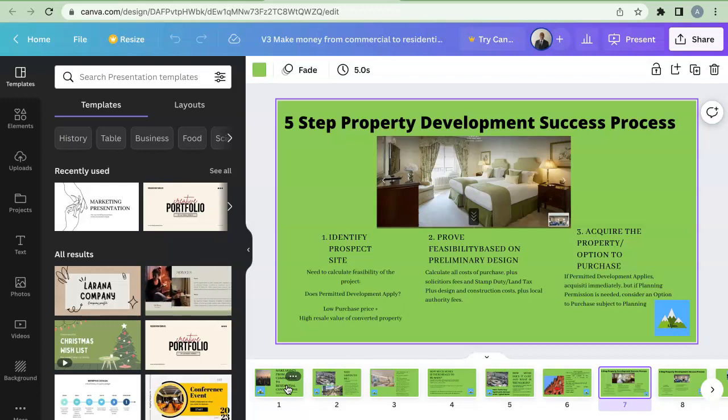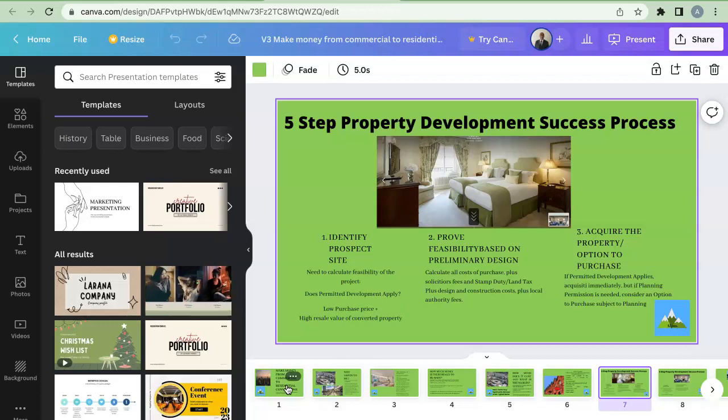So step 3 is the acquisition of the property. You've established that your suspect site is feasible and you want to put in an offer on it. Now, if it's got permitted development rights, you could go ahead and purchase the site straight away, or alternatively you could take out an option to purchase subject to planning permission if it needs planning permission on the site.